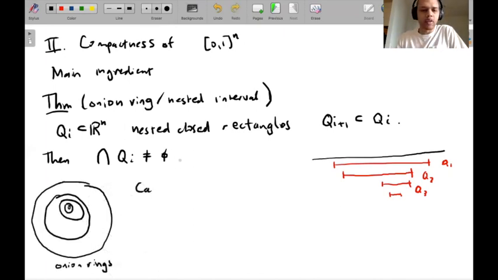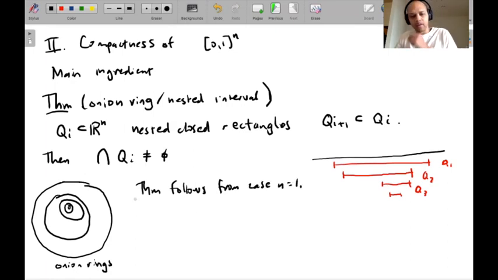Yeah, so the theorem follows from the case n equals 1. In the case n equals 1, we're just talking about nested intervals in the real line. And the case n equals 1 follows from something called the least upper bound property for the real numbers.